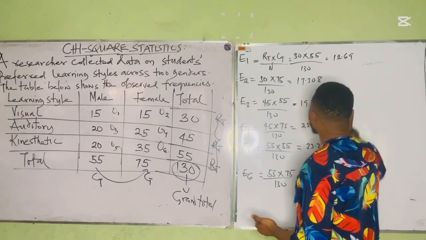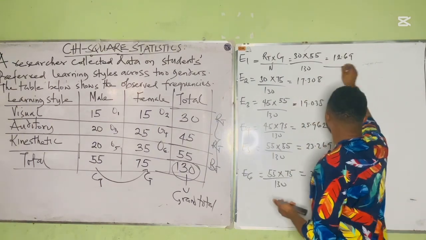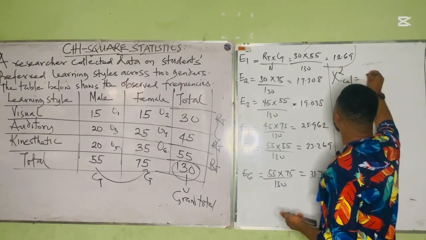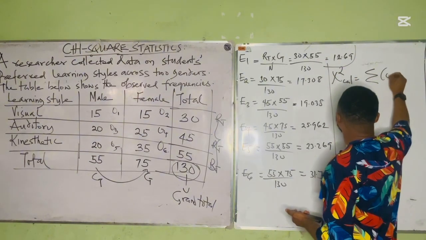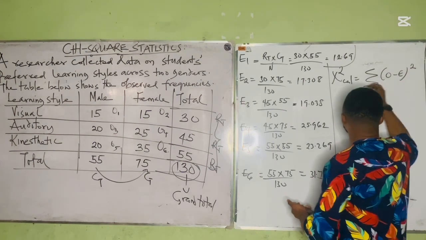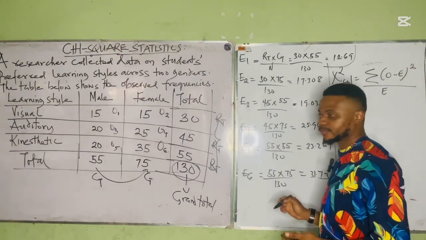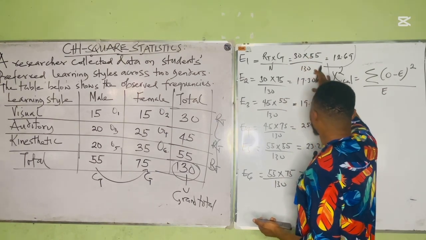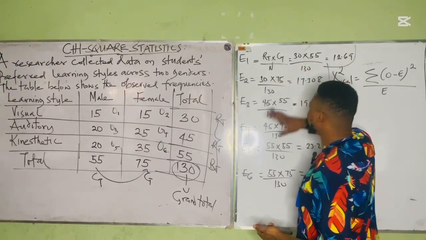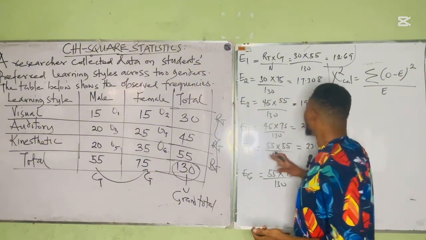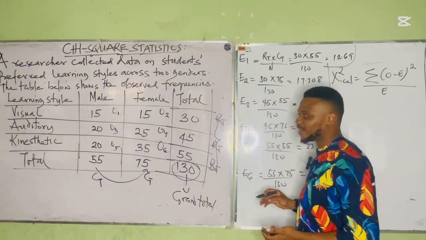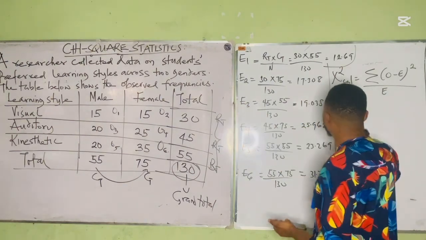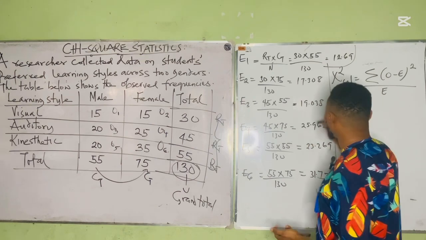According to chi-square statistics, remember, the formula is chi-square calculated equals the summation of observed minus expected, all squared, divided by expected. So we now have to take all of these observed values minus their expected values, square them, then divide by the expected values for each of them. This is what I mean.